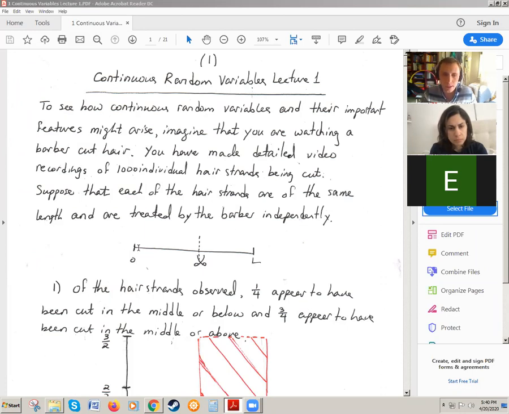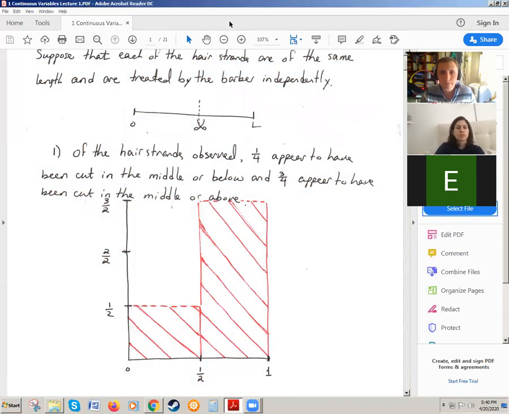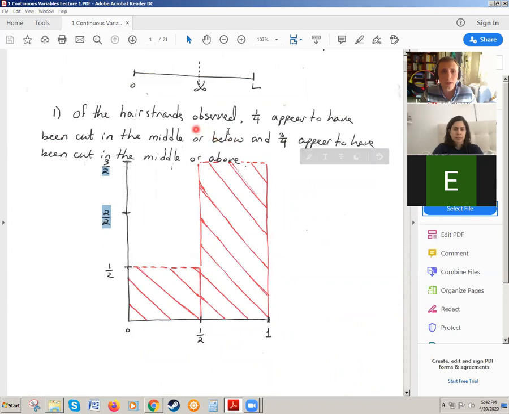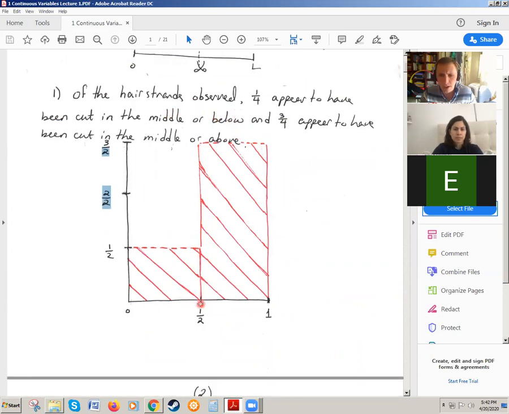And clearly you can see the hair can be cut anywhere from the very base of the scalp to the very tip of your hair strand. So suppose that you observe the following. If I just look at whether the hair was cut at 1/2 or below, or at 1/2 its length to 1, I observe that for this barber, 1/4 of all the hairs were cut below.